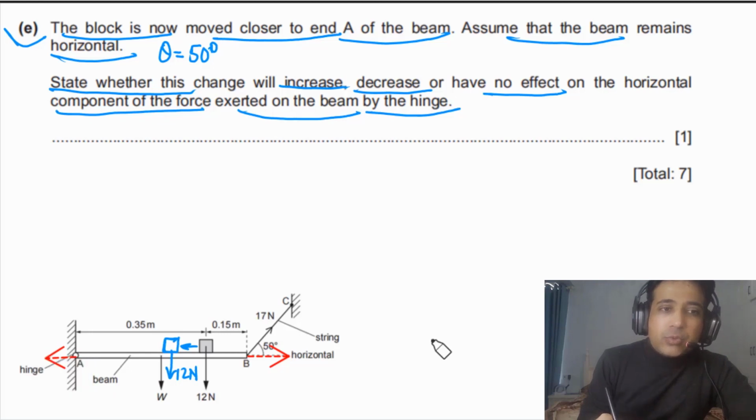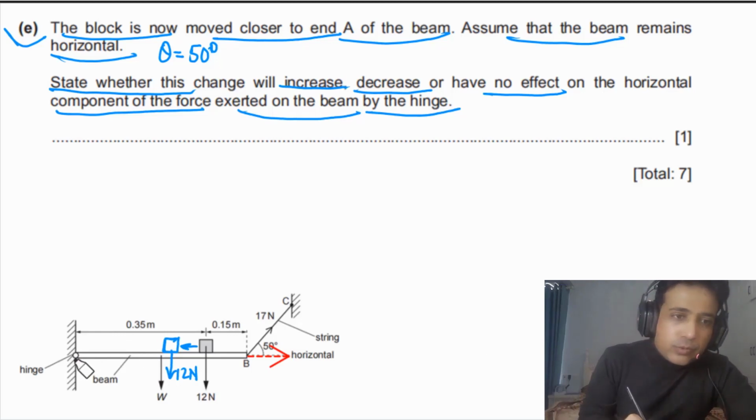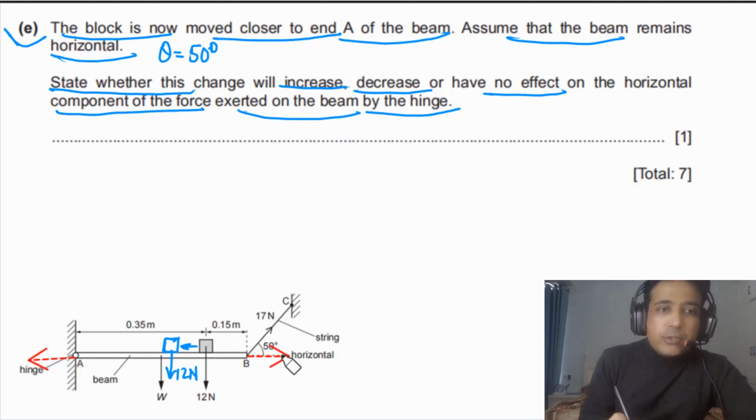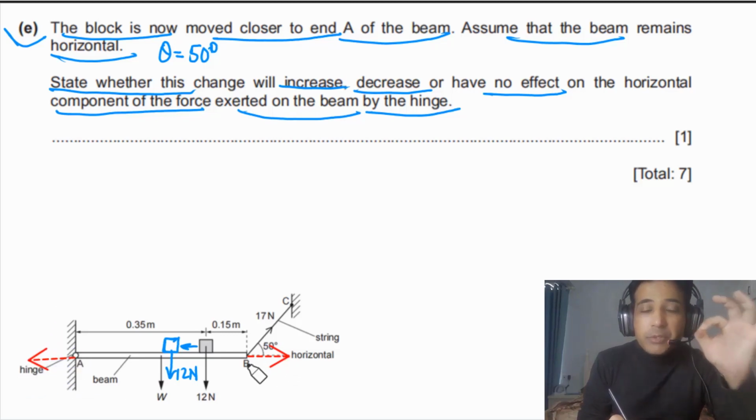These two components have to be equal in magnitude. So let me draw this arrow again so you can compare the length of these two arrows. The lengths have to be the same because the beam is in equilibrium, so along horizontal there is no net force.